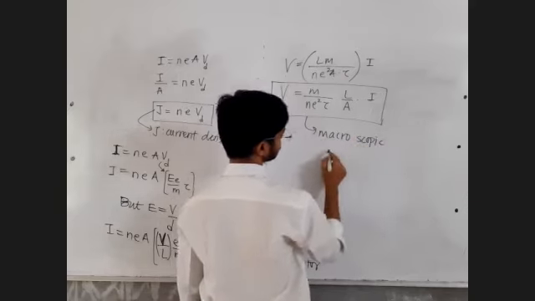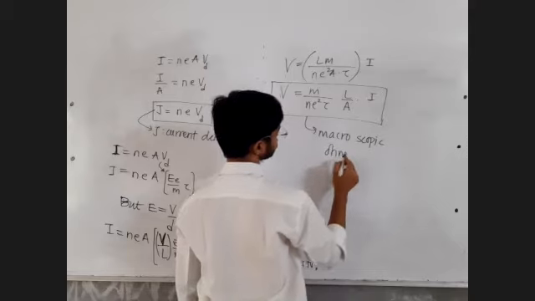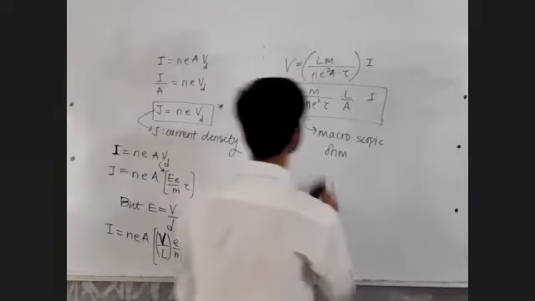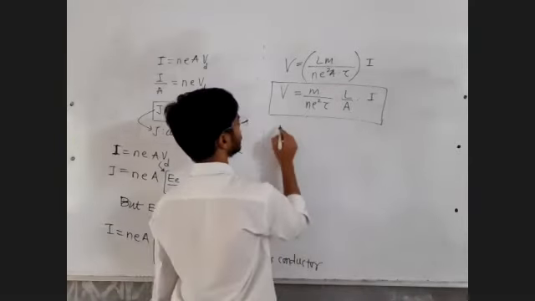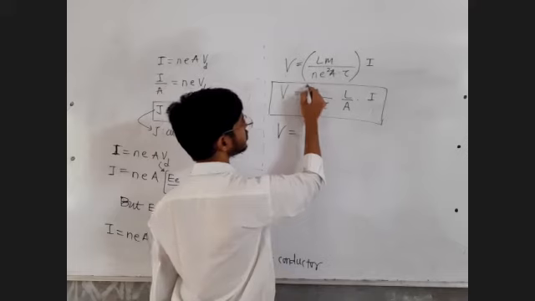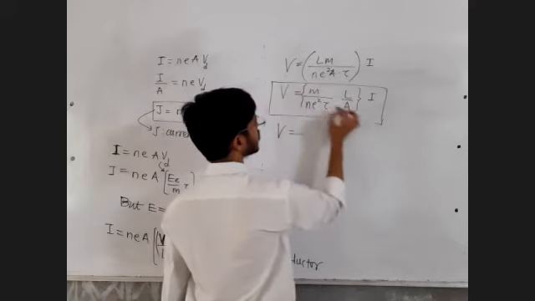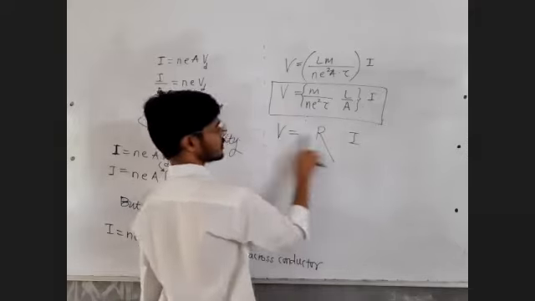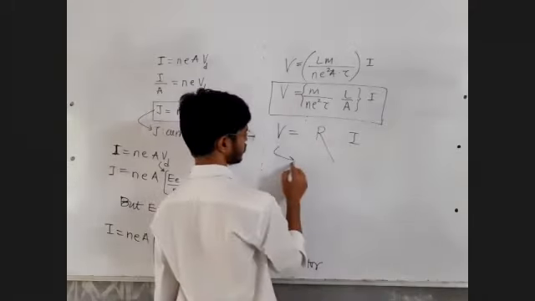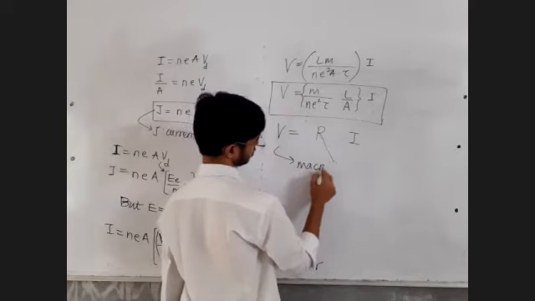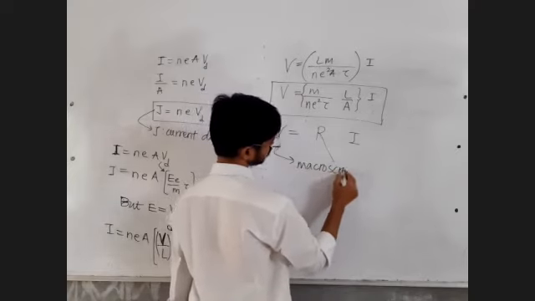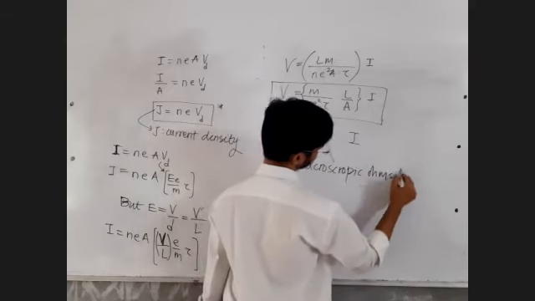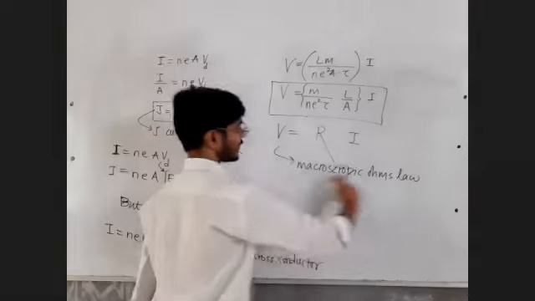V is equal to this entire term, let us call this the resistance of the conductor, R, into I. V is equal to IR. This equation is called macroscopic Ohm's law, because it is applied to the entire conductor.